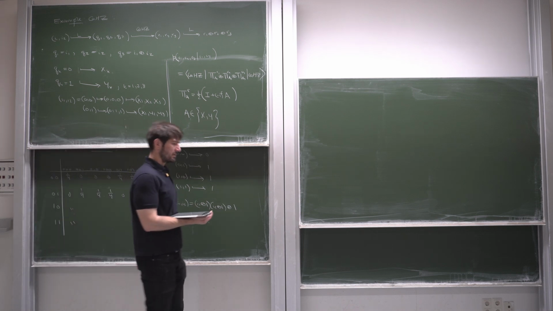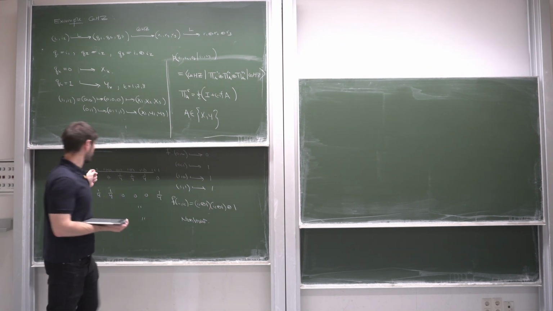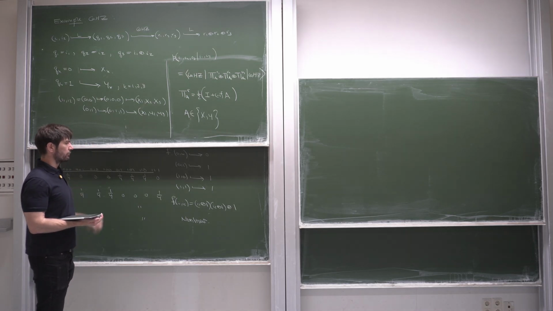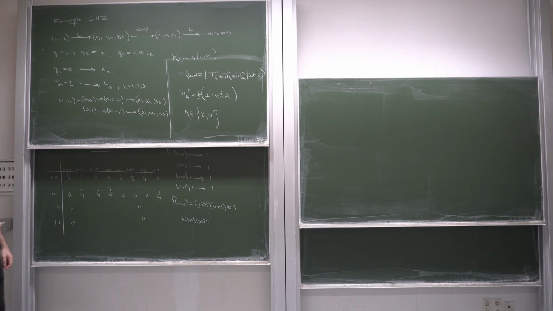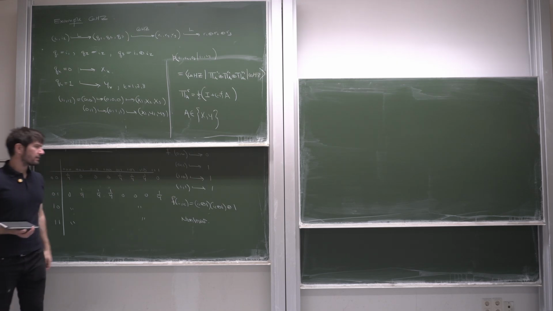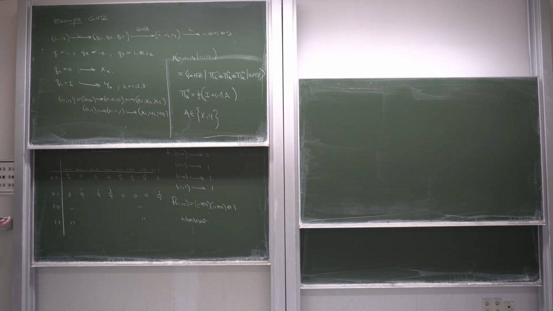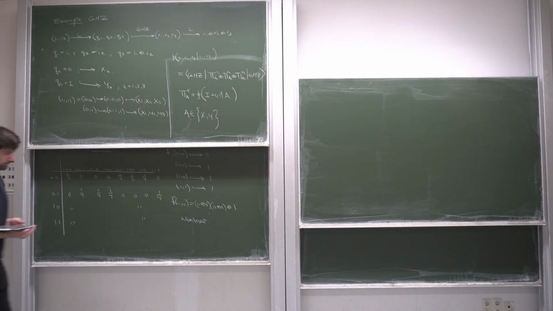so the trend continues. GHZ is a strongly contextual empirical model. We proved this previously. The way to show the strong contextuality of this empirical model is through a parity argument. Basically, if you recall, we assigned predetermined values to each of the measurements x1, x2, x3, y1, y2, y3, and showed that there is no consistent such value assignment.